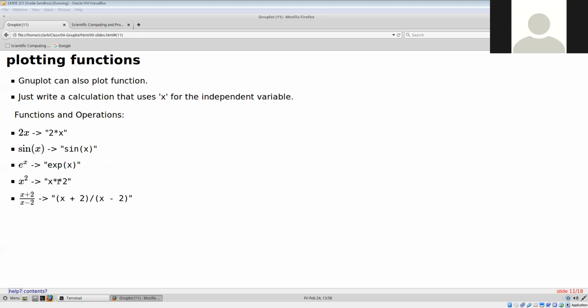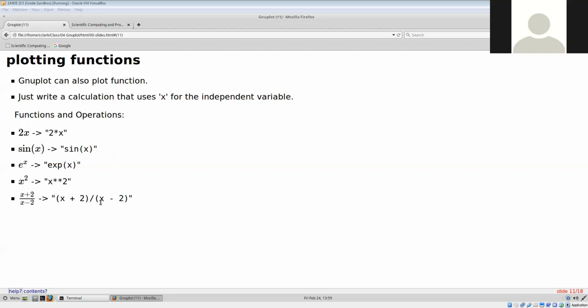Squared is the only one that's a little bit different than some other programming languages and some calculators, like the TI calculators, where when you go to square it, you use a caret, but in Gnuplot you use 2 stars. So 2 stars means raised to the power. And then if you want to do fractions, like x plus 2 over x minus 2, the thing you have to be careful about is grouping the denominator in parentheses.